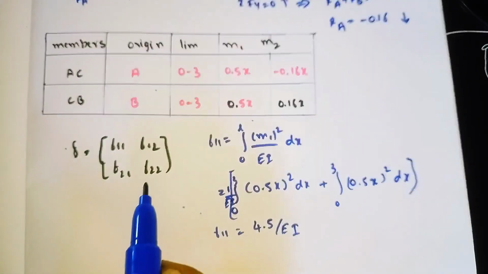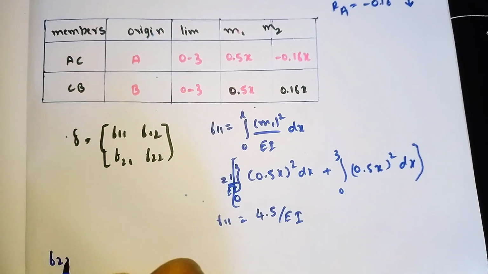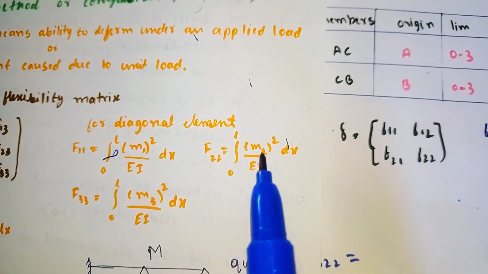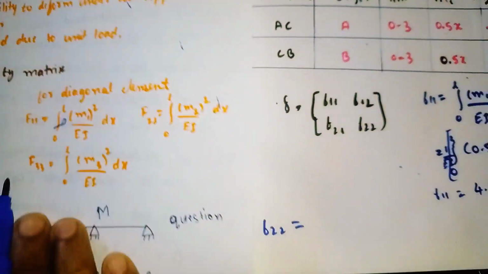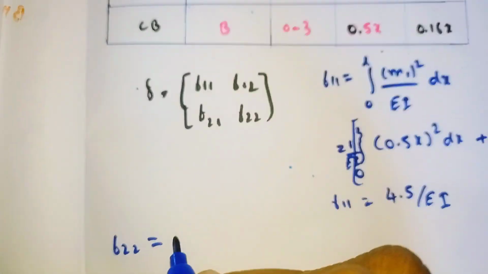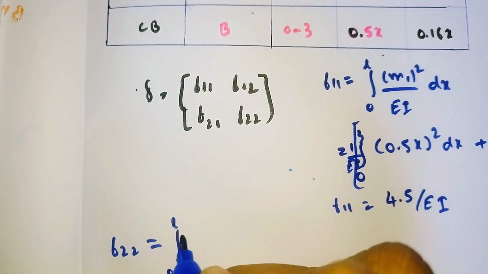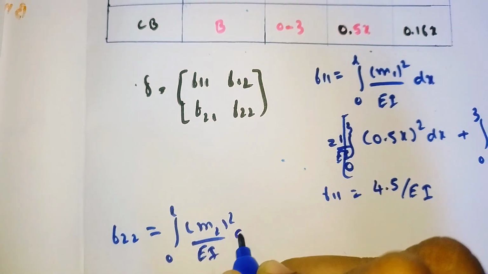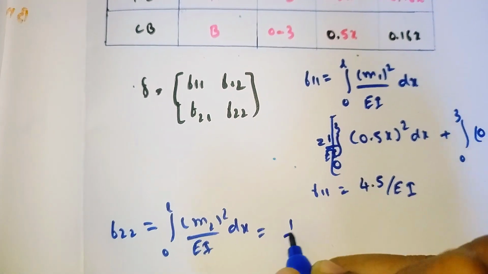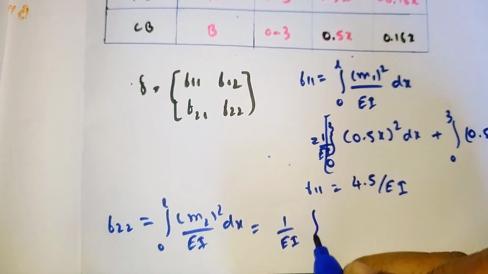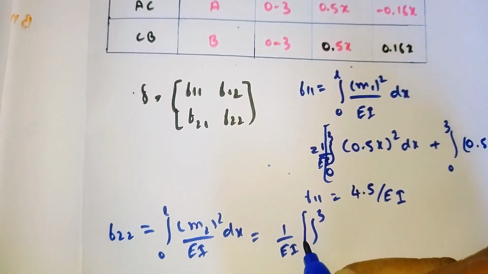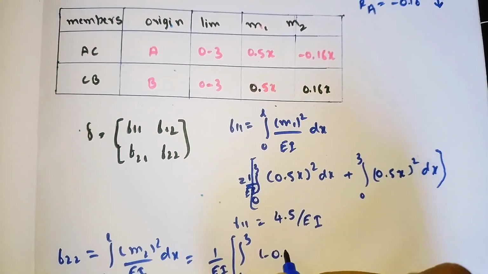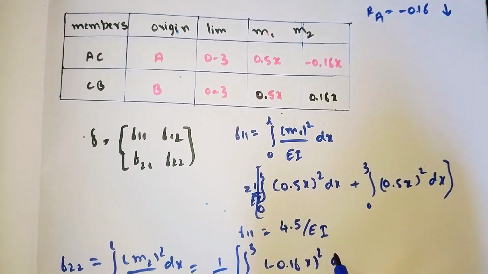Similarly, we will calculate F22. We have the formula for that: integration of 0 to L of m2 squared divided by EI into dx. Now 1 divided by EI is constant, I am taking it outside. The limit is 0 to 3, and for m2 for member AC it is minus 0.16x whole squared dx.